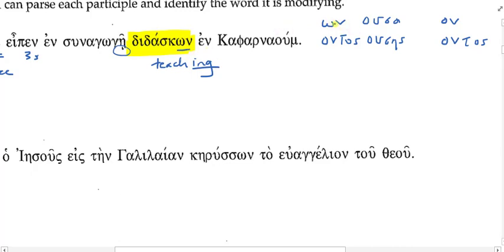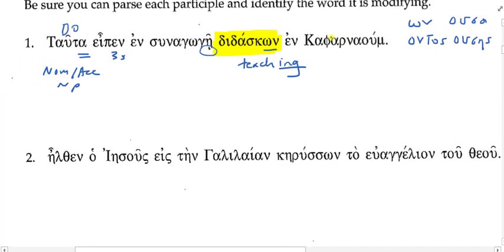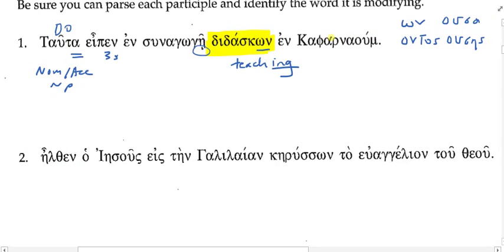So what we're seeing is the own ending. That's nominative singular masculine. So who's doing the teaching here? That's right. Nominative singular masculine is whoever the he is. That's the implied subject of he said. Because if there were a pronoun, what case and number would it be?